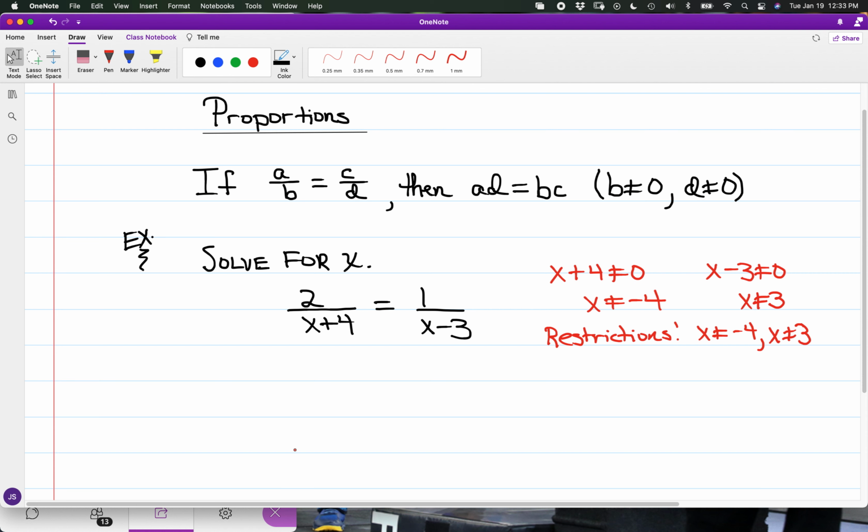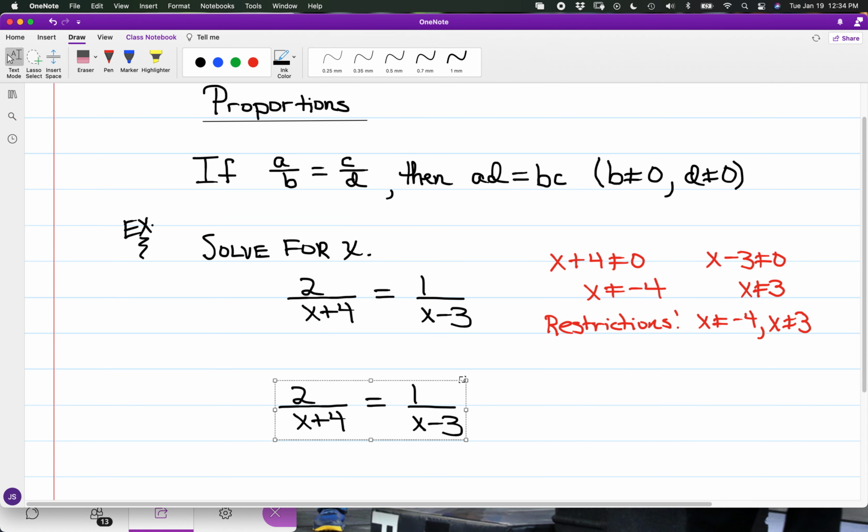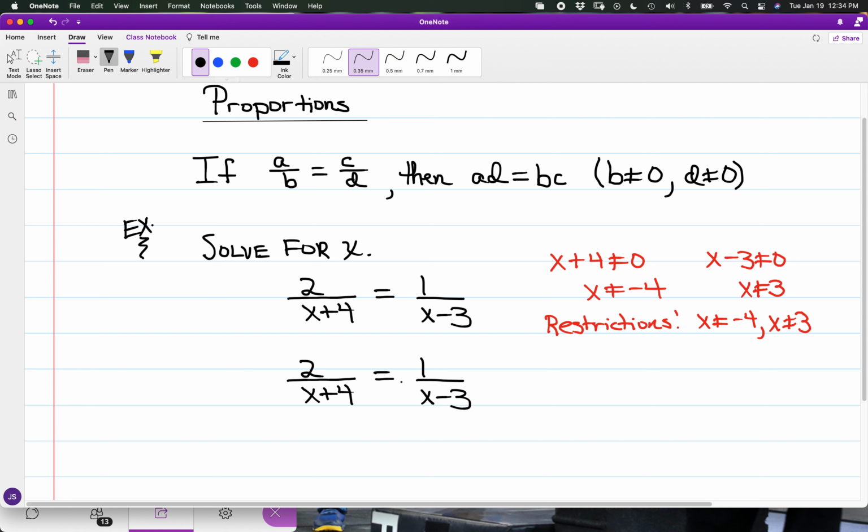Looking at our proportional statement, if we take cross products, we have 2 mapped with x minus 3 and 1 mapped with x plus 4.